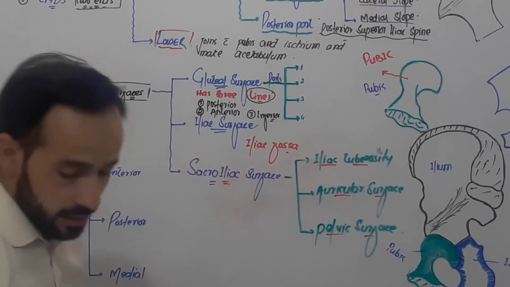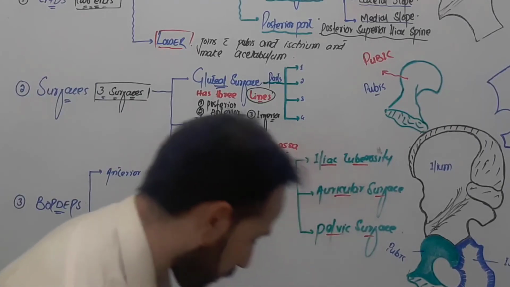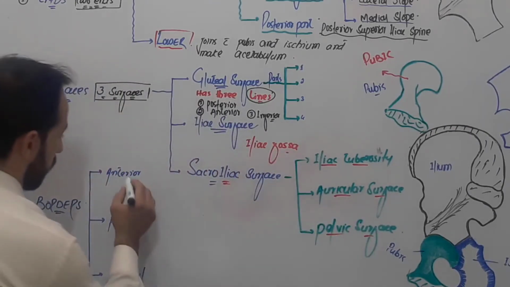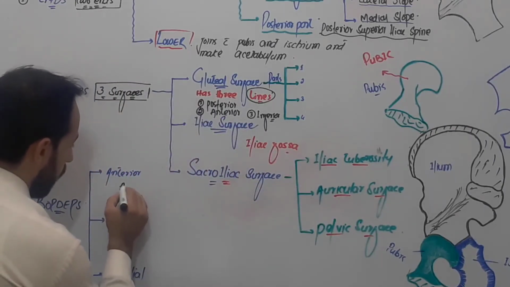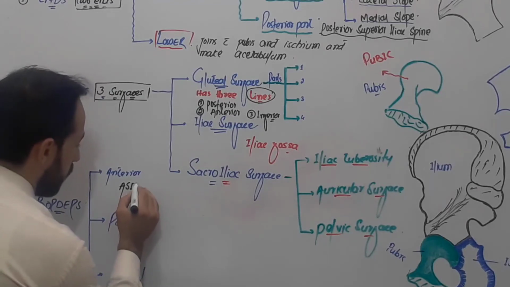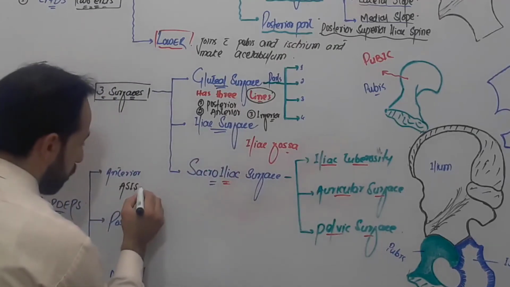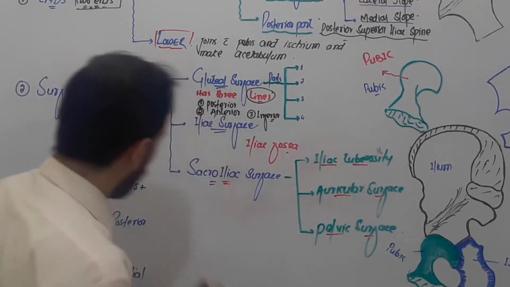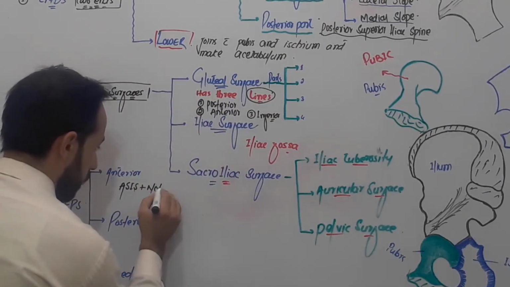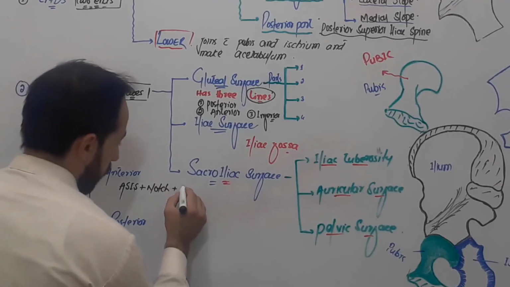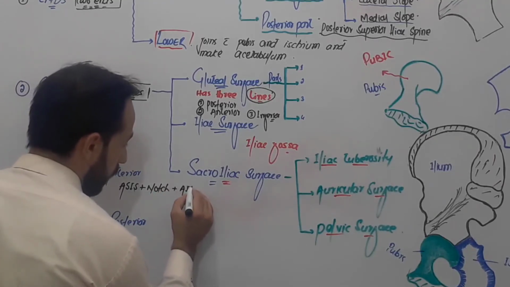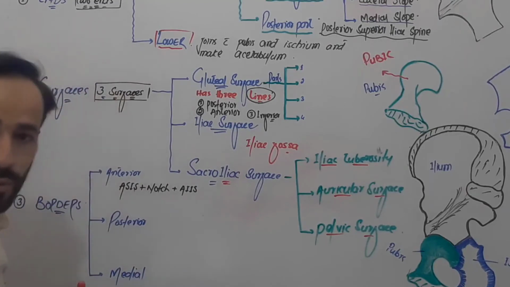So let's write here, friends, the anterior border is formed by the anterior superior iliac spine, I have shown here, plus with it we have the notch, then we have the anterior inferior iliac spine, which I will show later.